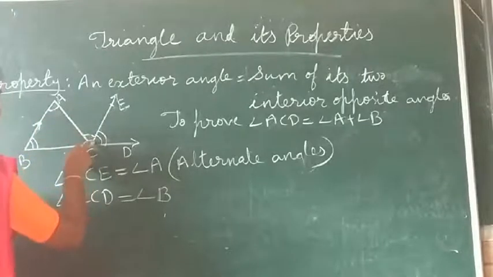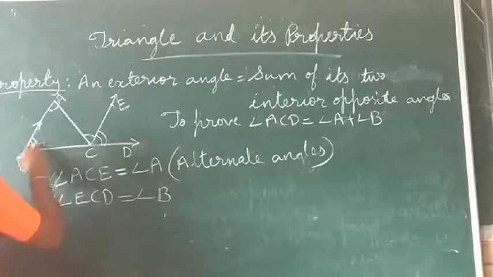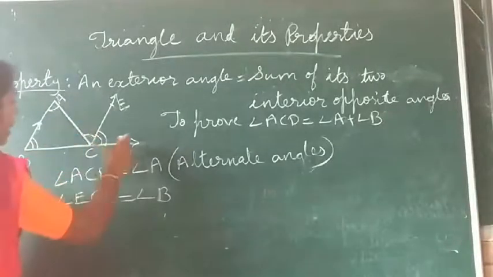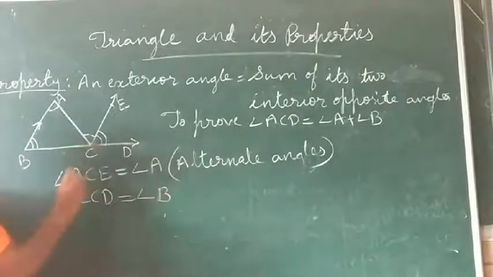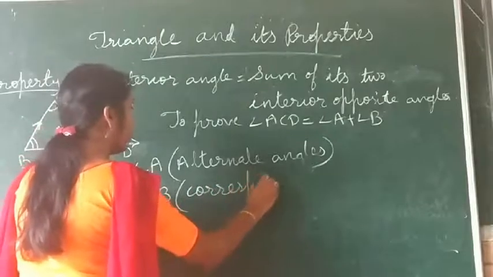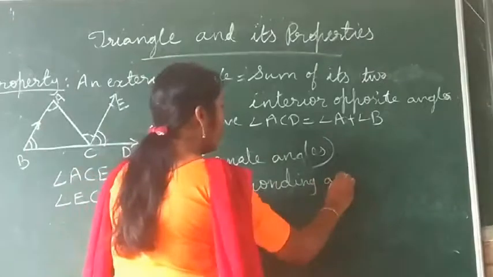They are equal. Now we consider the transversal BC, and with that we get two corresponding angles, angle ABC or angle B and angle ECD. So they are also equal. We write the reason: corresponding angles.